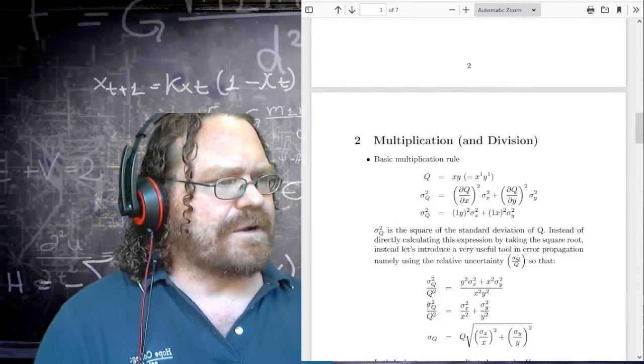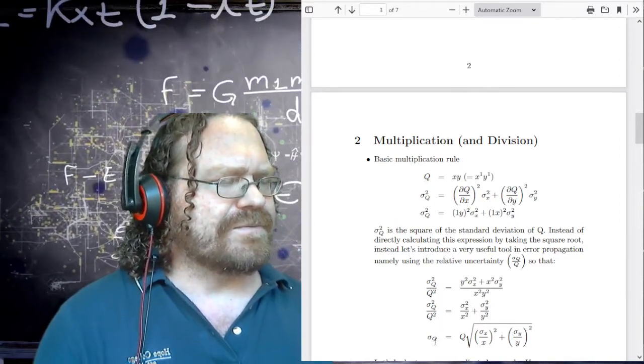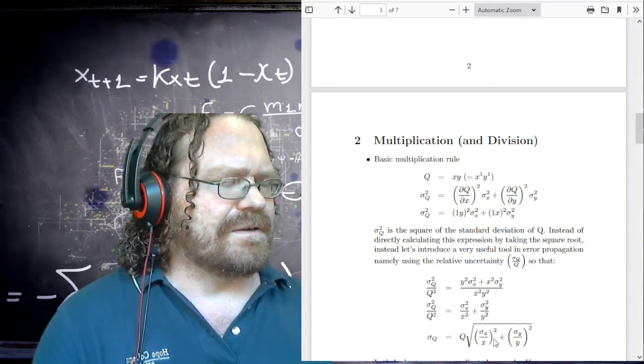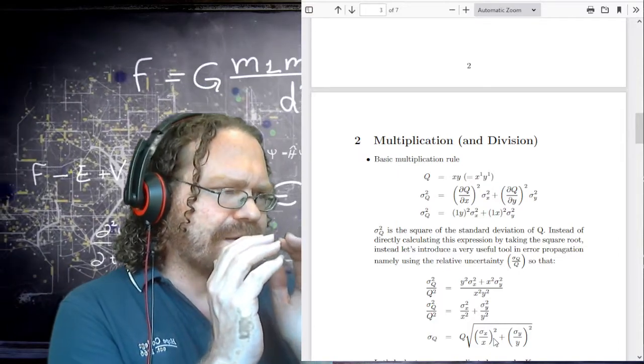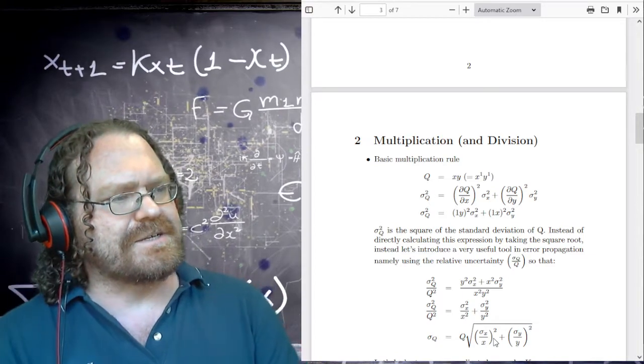We can take the square root of both sides and move the q to the other side, and we're left with sigma q equal to q times the square root of (sigma x over x) quantity squared plus (sigma y over y) quantity squared. And this should look very familiar to a formula you've used a lot in general physics.